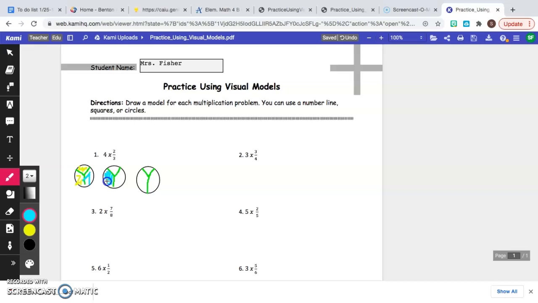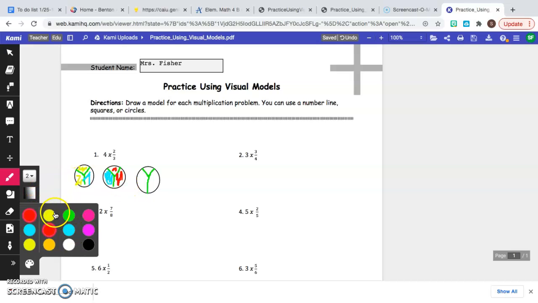So 1, so 2. So that's 1, 2. There we go. 3. Because see how the colors, that means those 2 count as 1. So 1, 2, 3, 2 more.